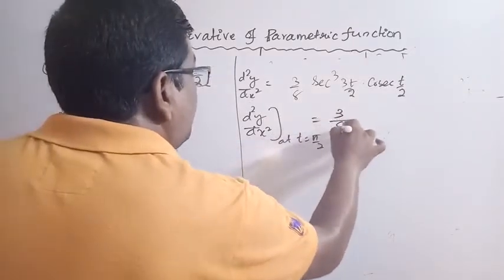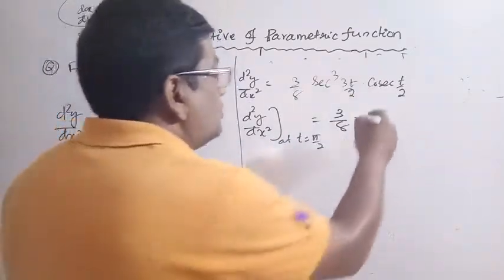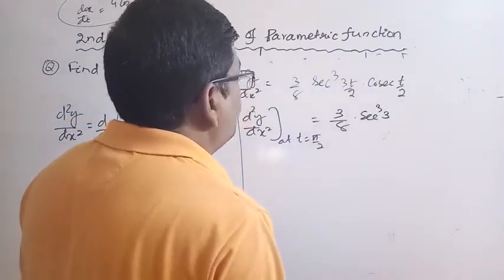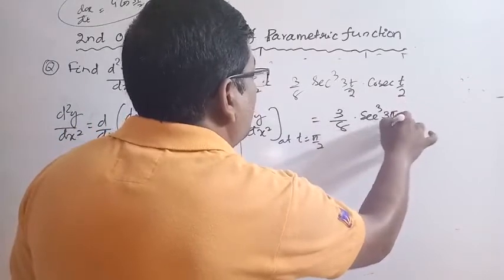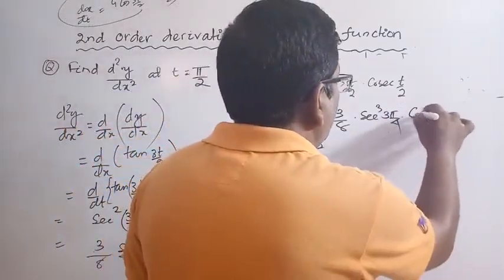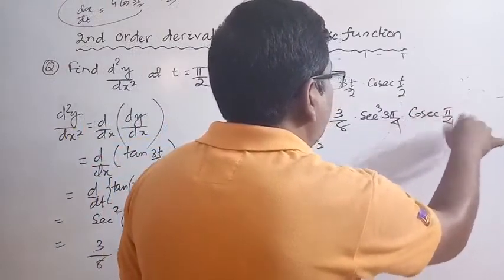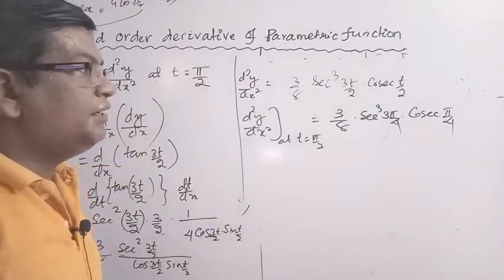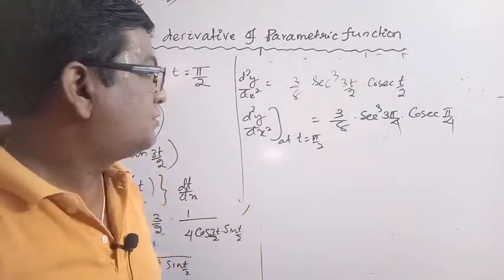So 3/8 into sec³(3π/4), because t equals π/2, and cosec(π/4). Now find its value.